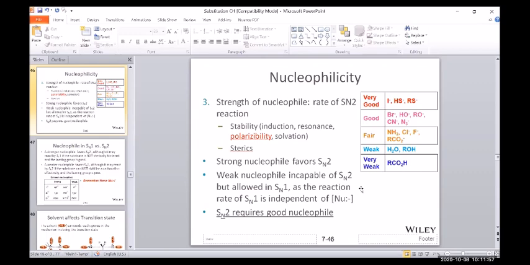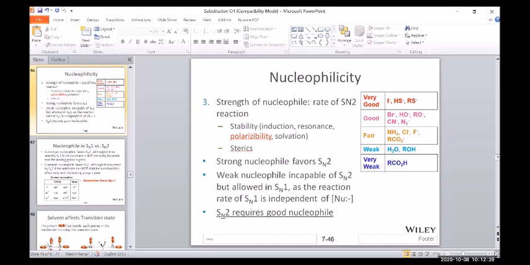And so nucleophilicity, or how good a nucleophile is, is based on experiment. There's a little pattern, but mainly it's just memorizing. The very good nucleophiles are the iodide, the bisulfide, and this is the alkyl thiolate.